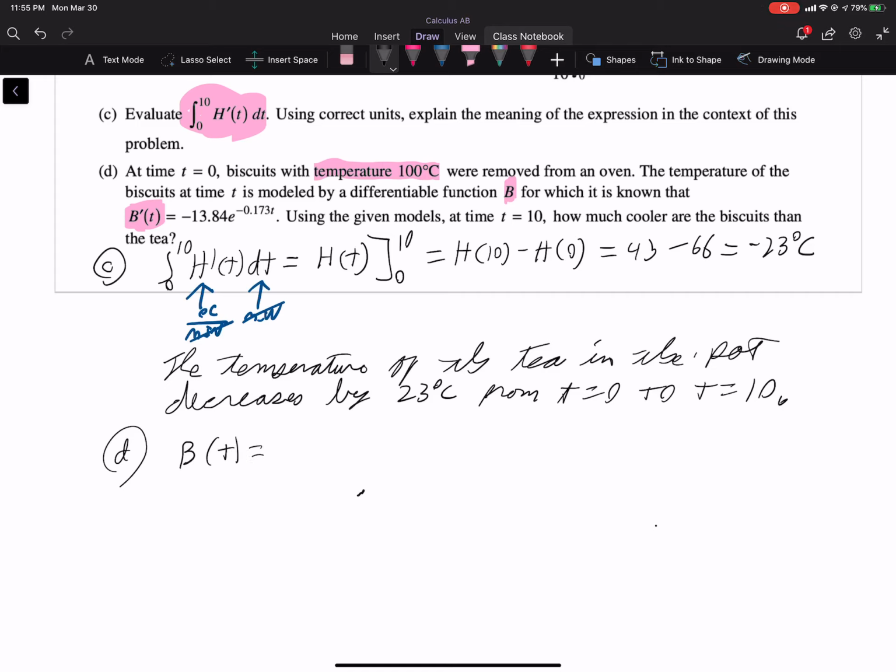B of t in general is the starting temperature plus the change in temperature. The starting temperature, we're told, is 100. When you integrate the rate of change of the temperature, it gives you the change in temperature. So we want to integrate from 0 to t of the rate of change, and since t is used already, I have to use x.